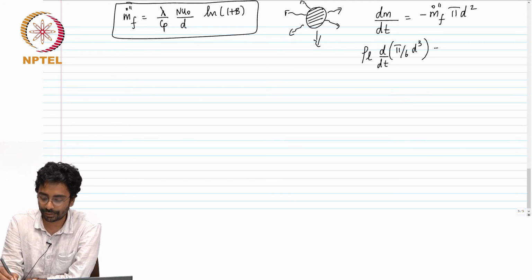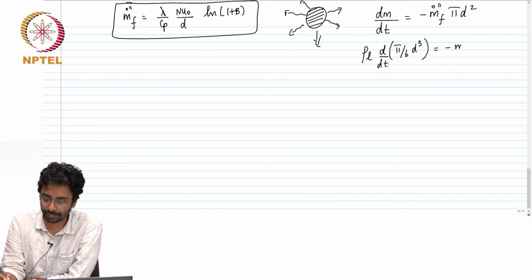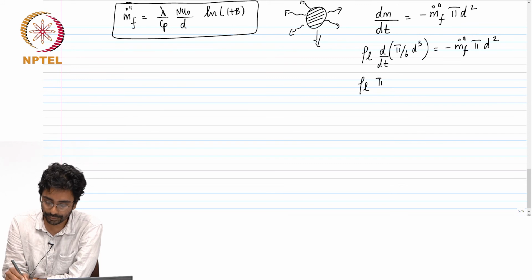I could have used a different notation, but I did not. Continue the derivation. You have pi by 6 d by dt of d cube is 3d squared d. I think I am creating confusion by using d. Let me use uppercase D.